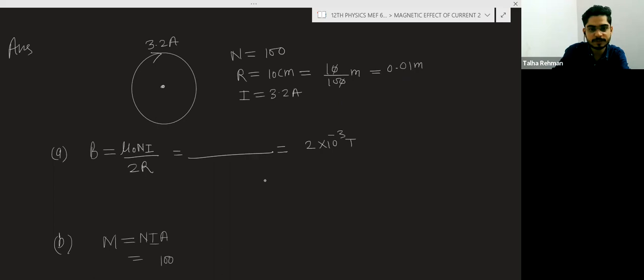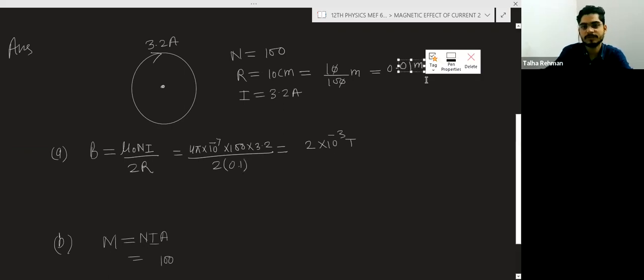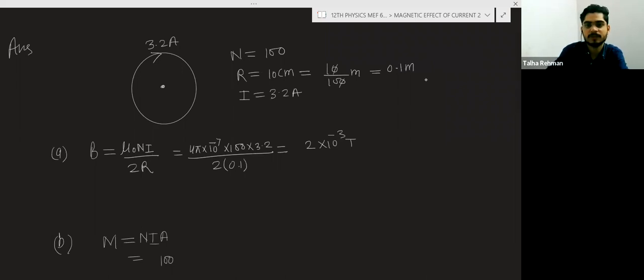This mu naught is 4 pi into 10 to the power minus 7, and capital N is 100. Current is 3.2 ampere. 2 into radius is 0.1 only, not 0.01. 0.1 meter. So finally you will get the result now.